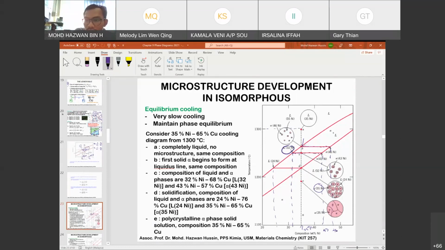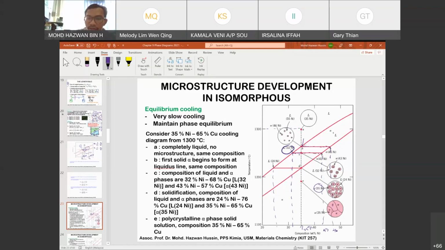The microstructure is one of the important things that you need to remember for the phase diagram. Since today we are looking at equilibrium cooling, you have to remember what the drawings will be for liquid, liquid plus alpha at different stages, and finally at total solid.